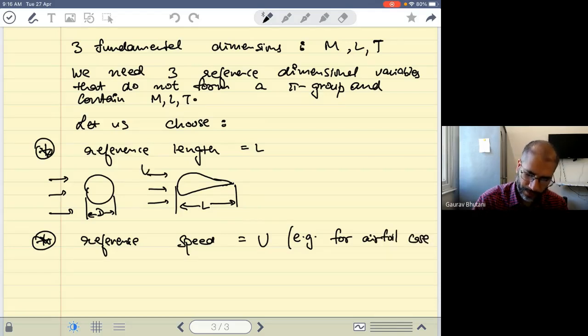The plane is flying with flow velocity u, so that speed can be taken as the reference speed.